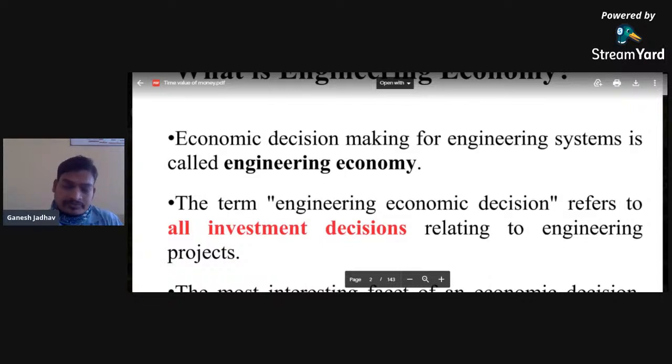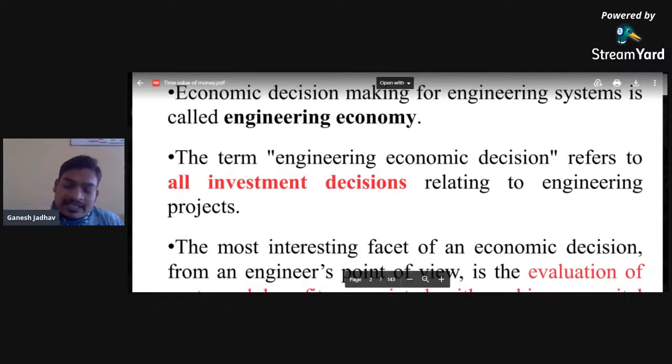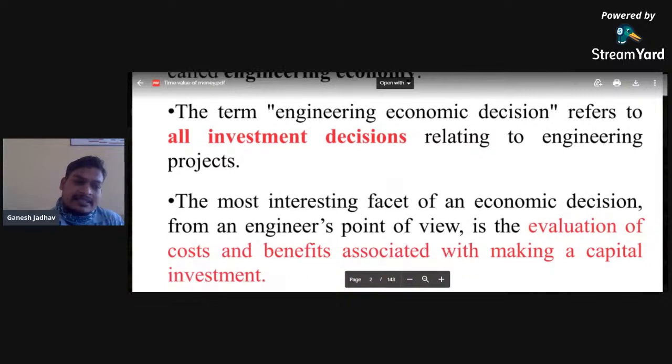Whenever you have to make a decision to build any project, relating to any engineering project, and you have to take an investment decision, it is called engineering economics.